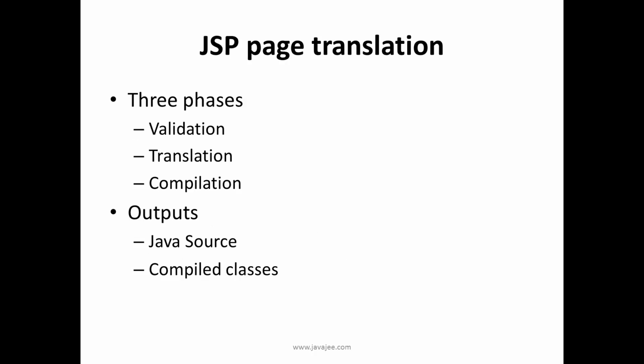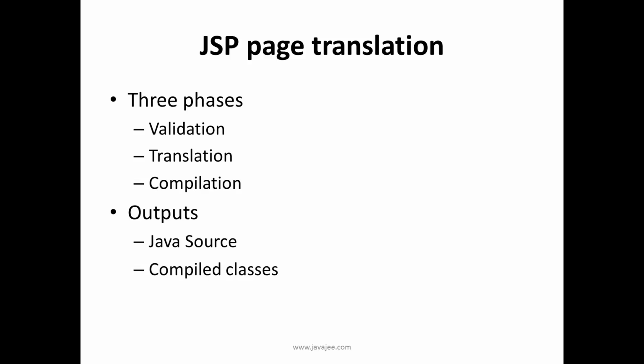Page translation consists of three phases: validation, translation, and compilation. The validation phase consists of syntax checking, and references to tag libraries, actions, and EL functions in the JSP page are also validated. Don't worry, we will see all these things in detail in later notes or videos.